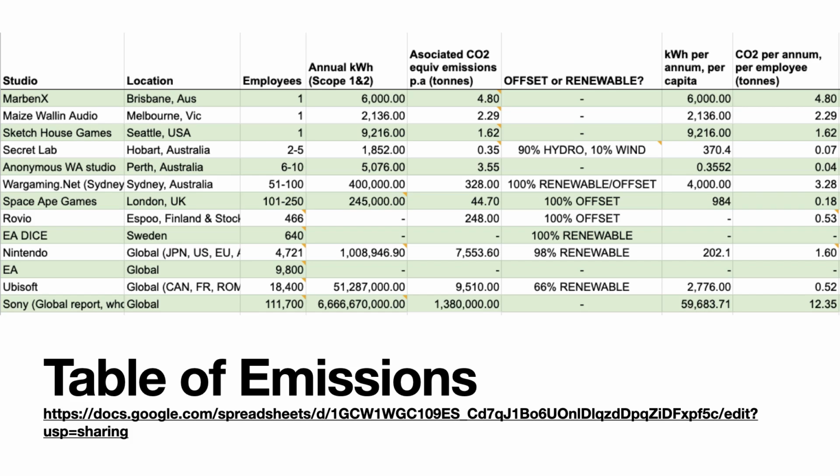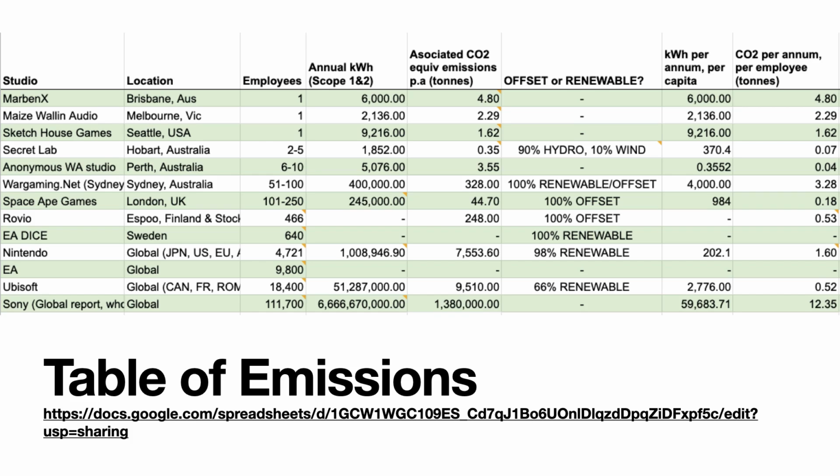And I suppose in a way this is not that surprising because these are the ones who are telling us the good news. They're happy to share that they've actually been doing things to reduce their emissions. The other companies, like EA, don't offer any actual hard data about how much energy it used or its emissions.